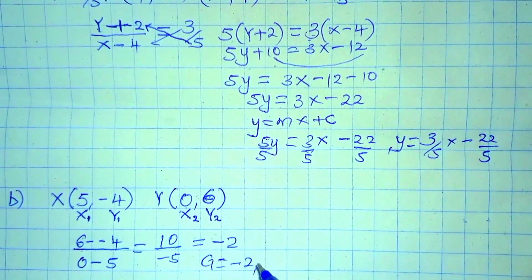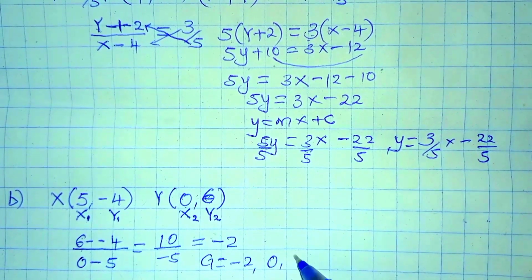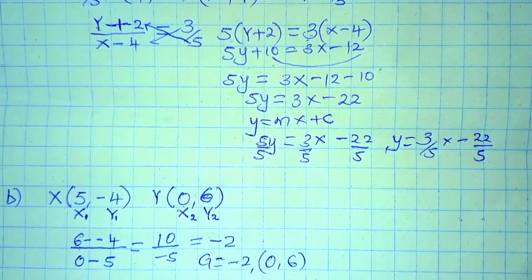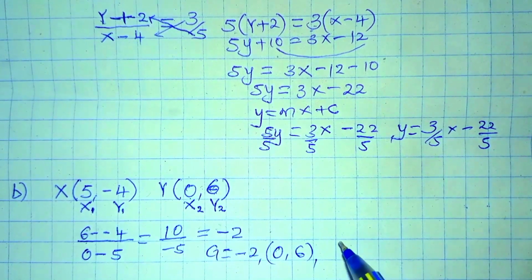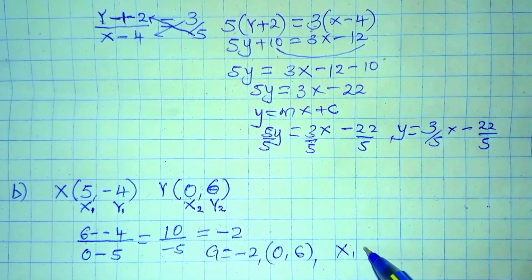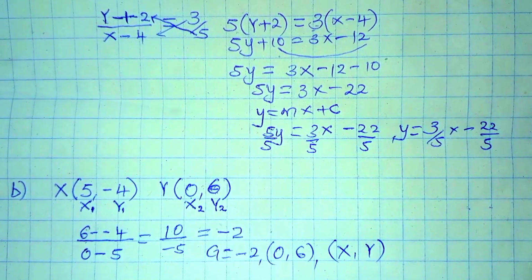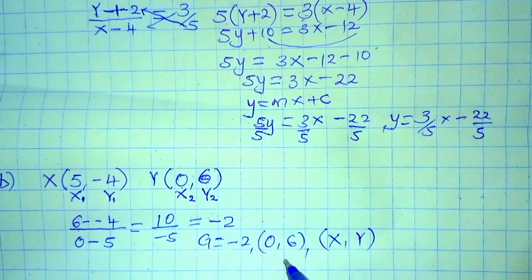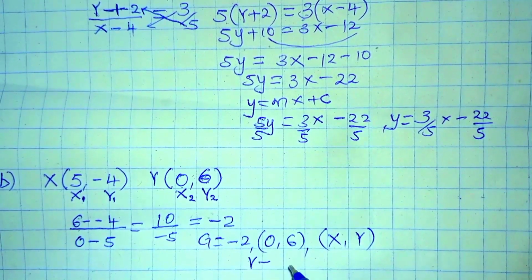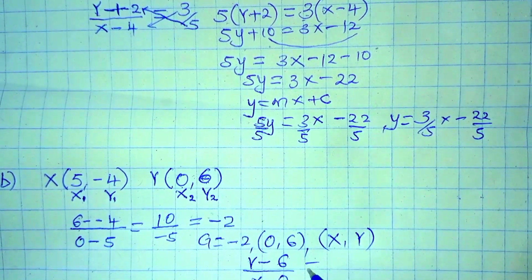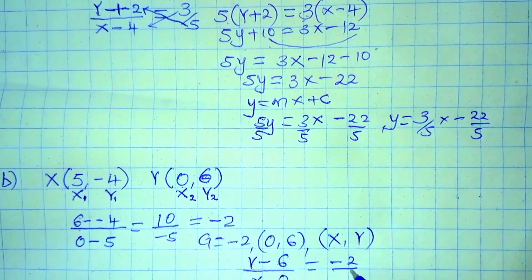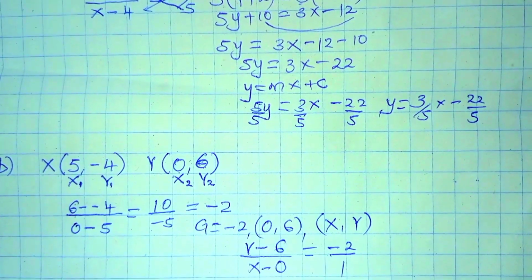Take one point. Let's take (0, 6). We have our general point, which is x and y. So we take y minus 6 over x minus 0 equal to the gradient, which is negative 2 over 1.